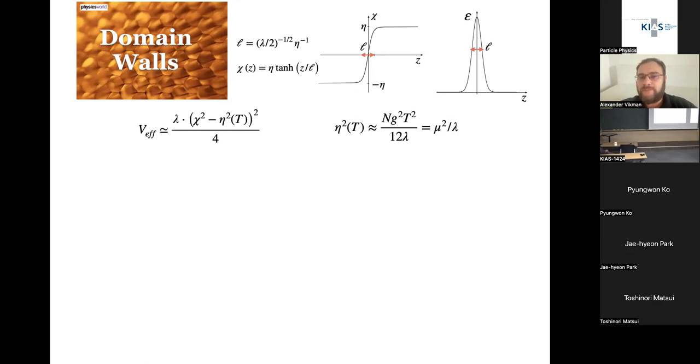Usually people consider eta as not time dependent. Now one can calculate the standard formula for the tension of a domain wall, and it's proportional to eta squared, or in our case, the tension is T to the power of cube.